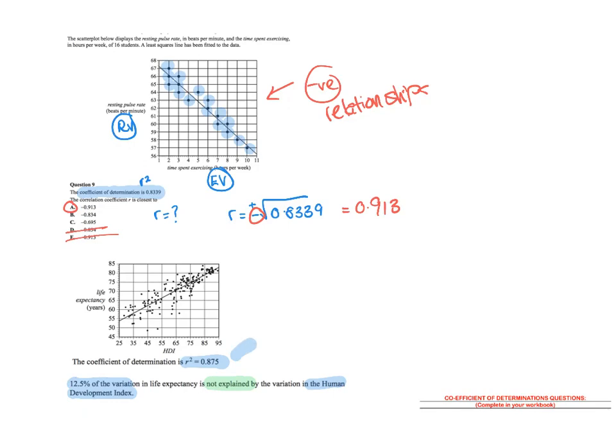When we look at this, we know that 87.5% is explained. So when you're trying to work out what's not explained, it'll just be 100 minus that, and that ends up being 12.5. So be careful with that. You just had to see the 'not' word. It's the other bit of it.